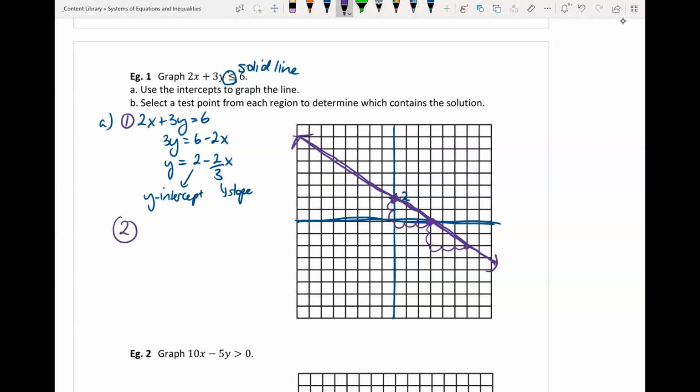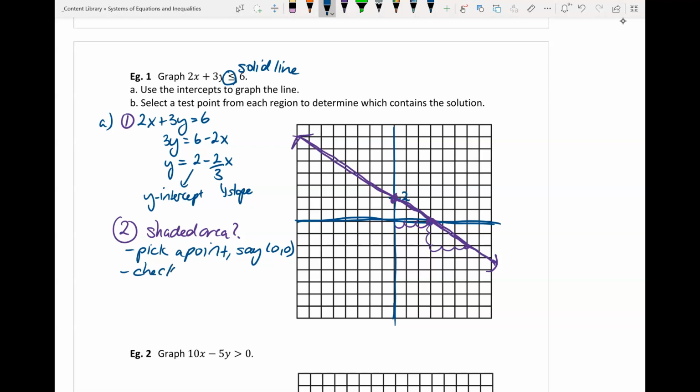Second step, we need to find the shaded area. What you're going to do is you're going to pick a point, any point, on either side of this graph so far. So I'm just going to pick a point, let's say 0, 0. Make sure you're picking a point that is on either side of your line, but it can't be on your line.